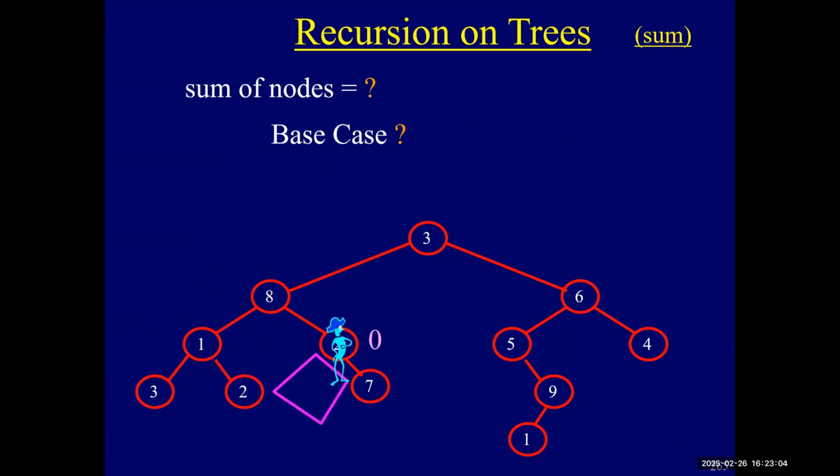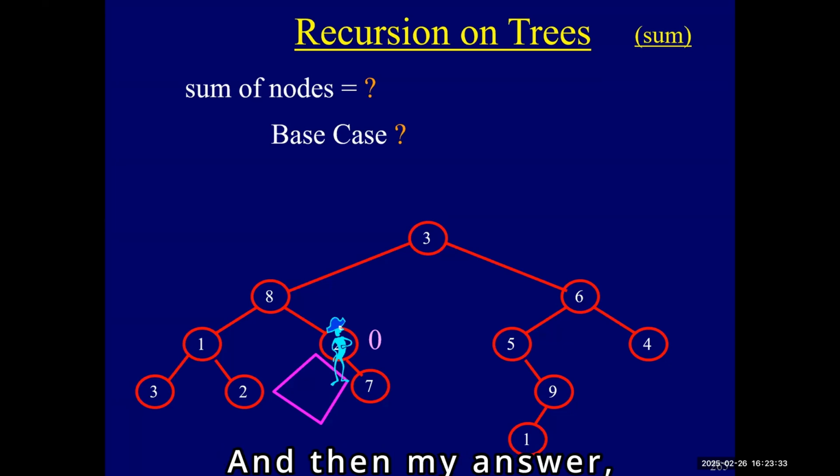Well, I like the empty tree. So the base case could be, the code is, right here n is pointing at some node. How do I know that I'm the empty tree? Well, this value is null. You don't go into it because it's null, but if this value is null, then I'm the empty tree.